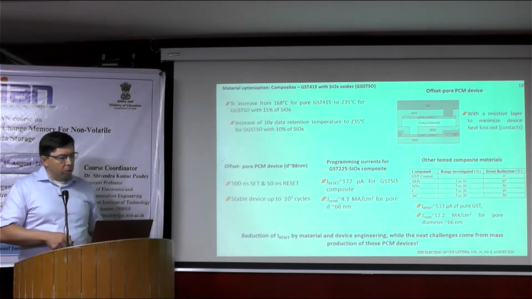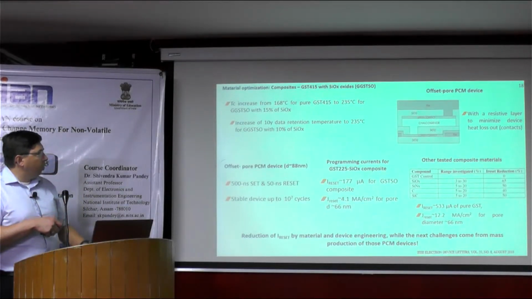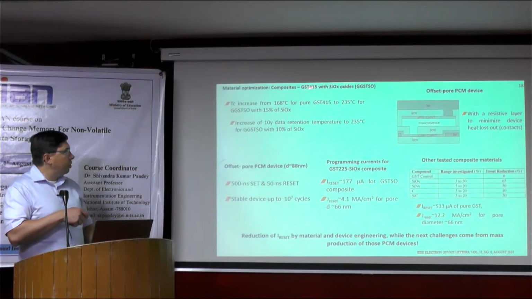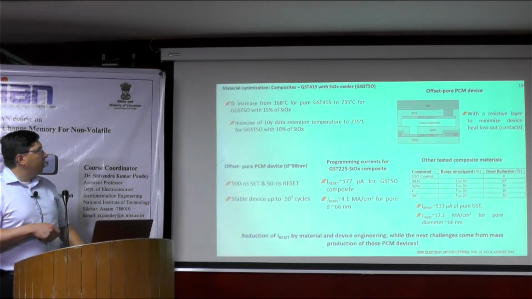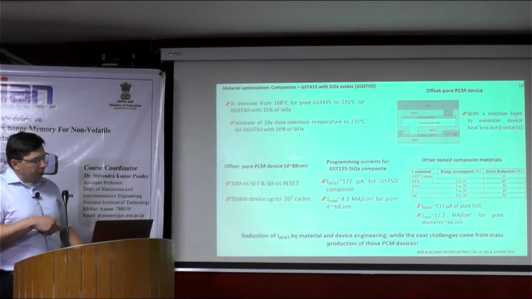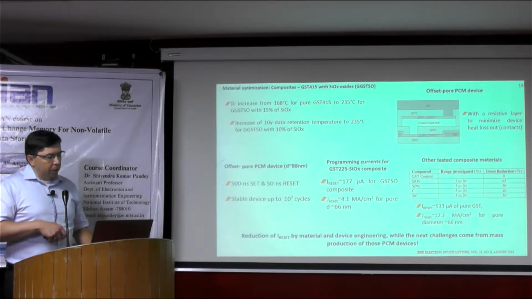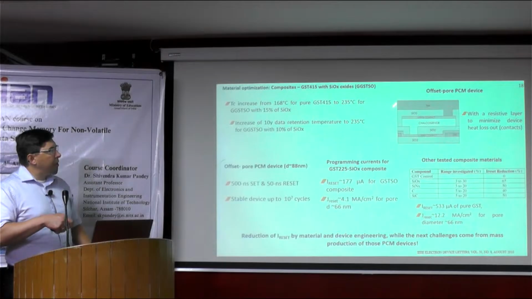Here are also some examples of alloying or composite making of germanium-rich alloy GST 451 and silicon oxide. Here again, there is an increase of crystallization temperature and of data retention, and some tests on the device performance.